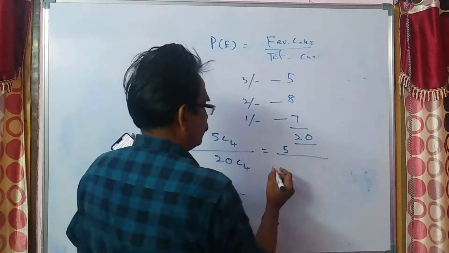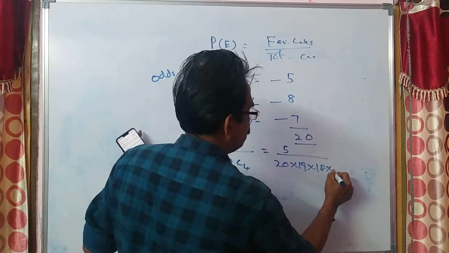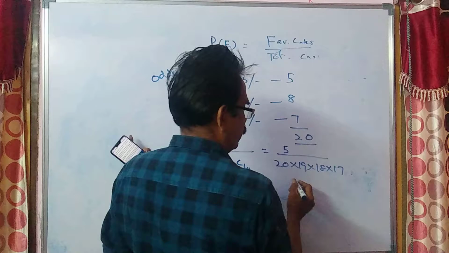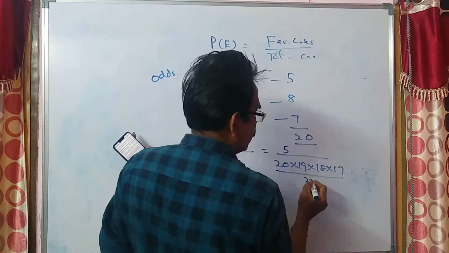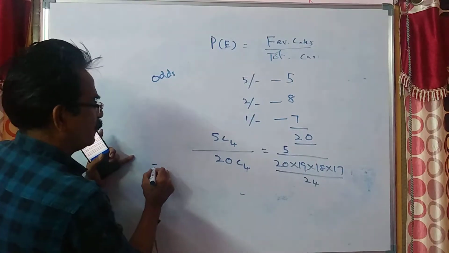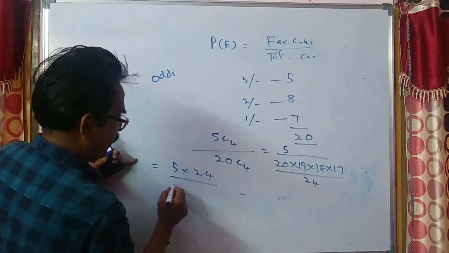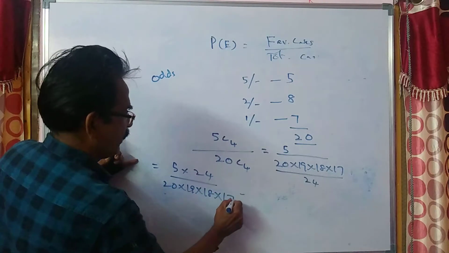5C4 is 5, divided by 20 into 19 into 18 into 17 by 4 factorial. This is equal to 5 into 24 in the numerator by 20 into 19 into 18 into 17.